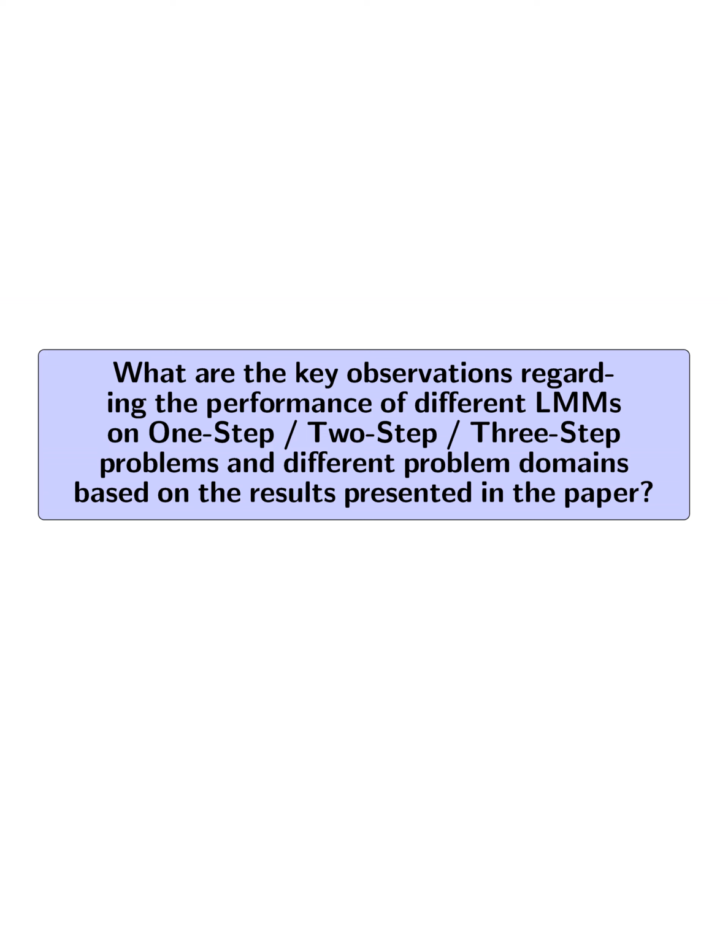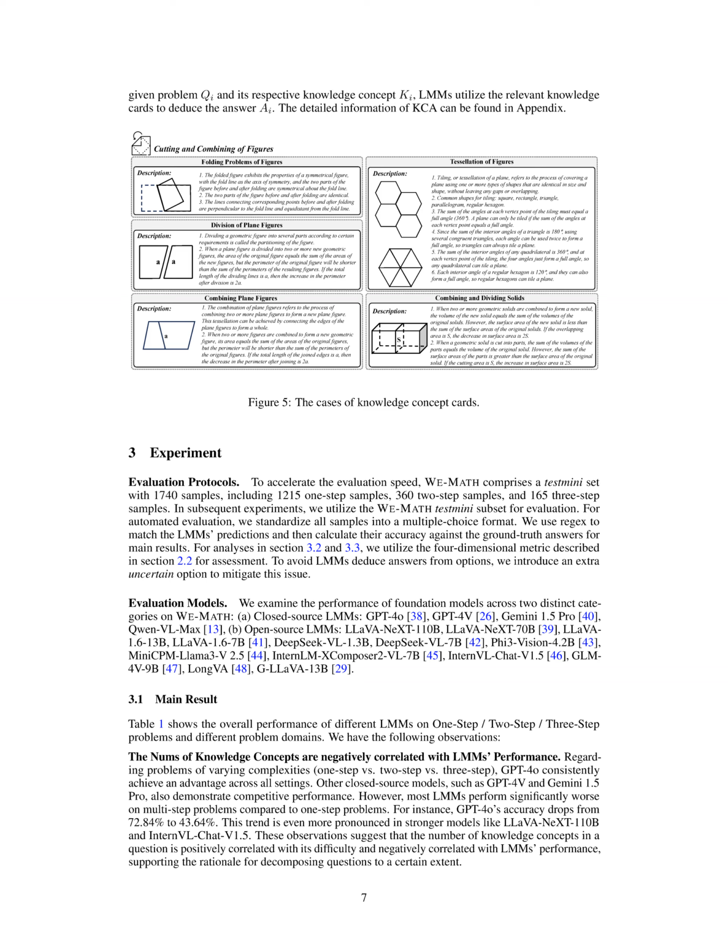What are the key observations regarding the performance of different LMMs on one-step, two-step, three-step problems, and different problem domains based on the results presented in the paper? The key observations are as follows. 1.